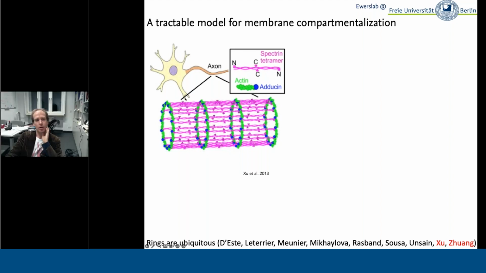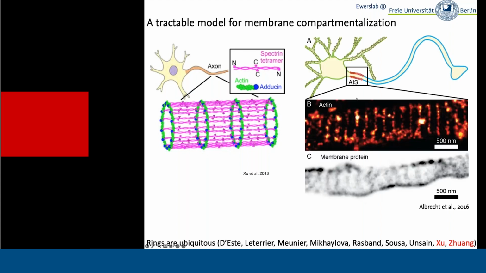So all along the axon, you basically have these rings every 200 nanometers that are connected by actin. This has by now been described by many other laboratories, as you can see down here, and has been found basically from worm to humans in all kinds of neuronal cell types.